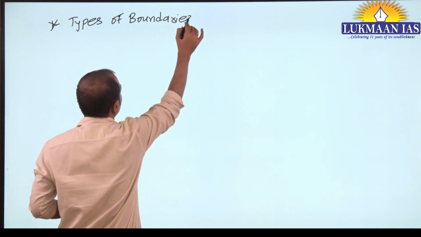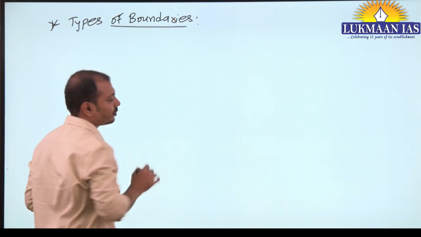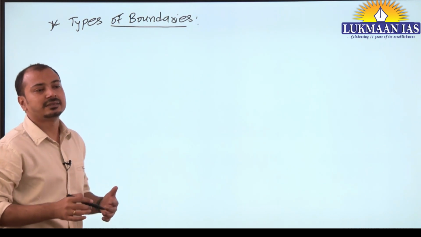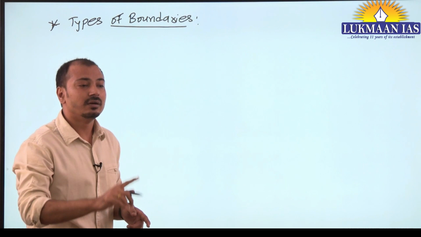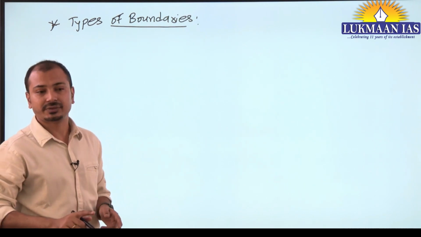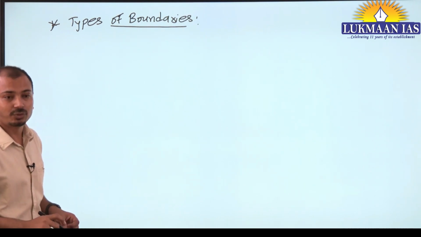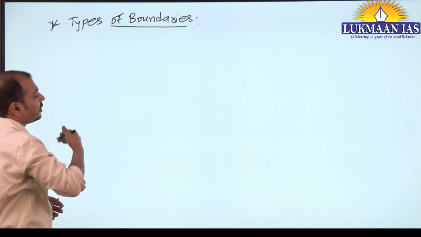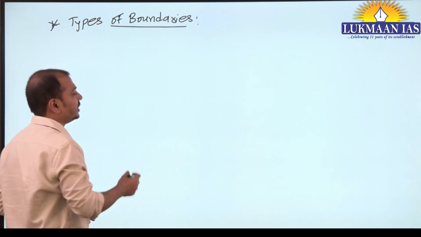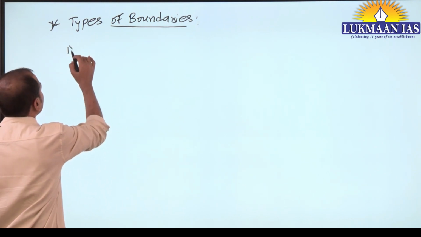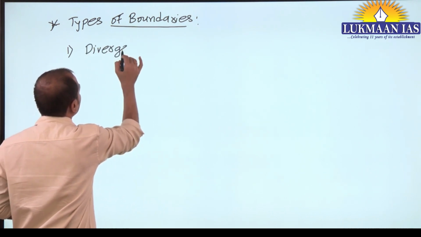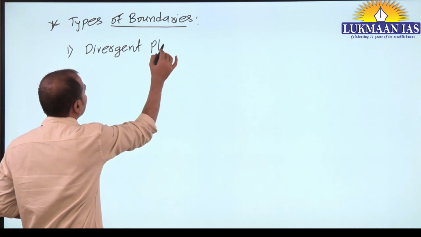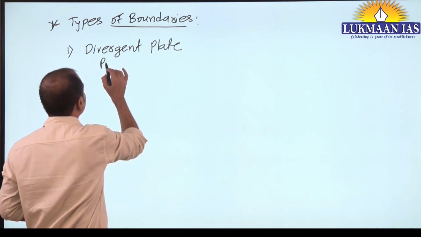We are going to learn about these types of boundaries, as many of the tectonic activities happen along the boundaries of these plates. That's why it is important to learn about them, and we will compare them also with each other. So first one is divergent plate boundary.